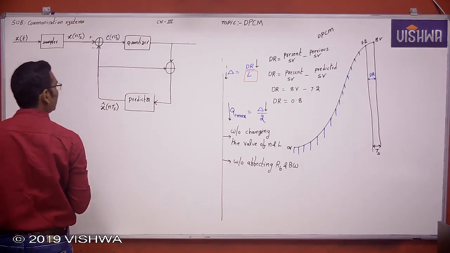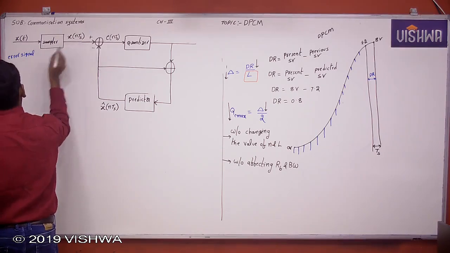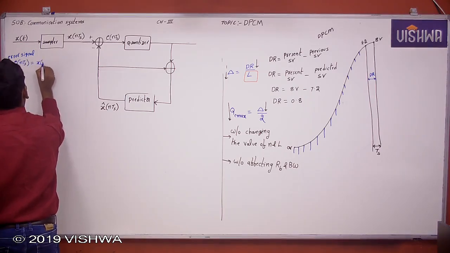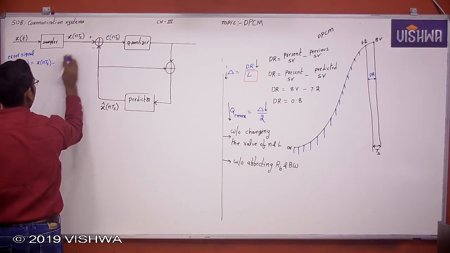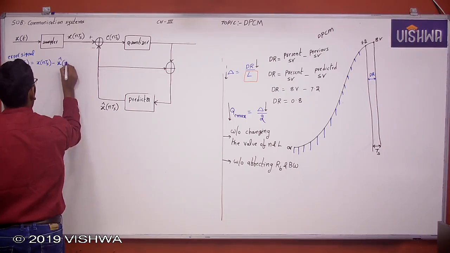So now let us take this as the error signal. The error signal e of nTs is equal to the sample value minus the predicted sample x cap of nTs.